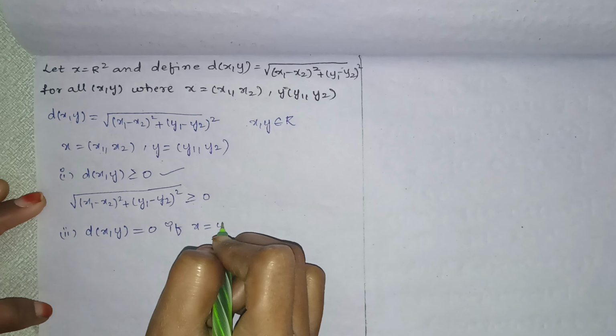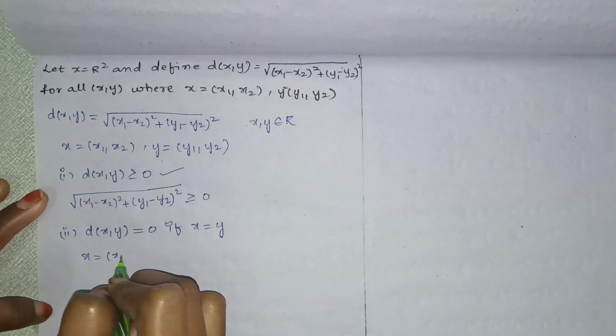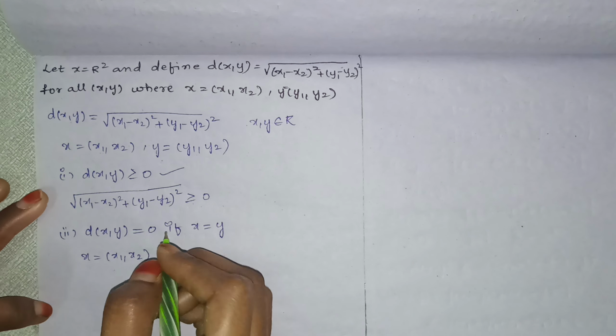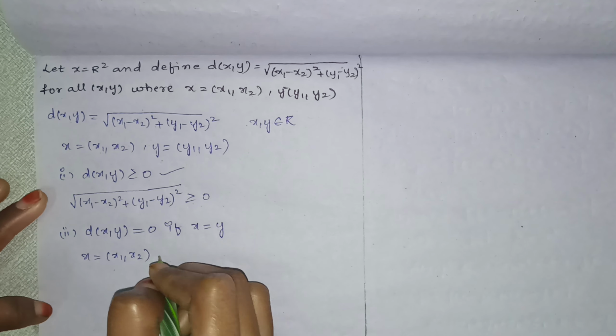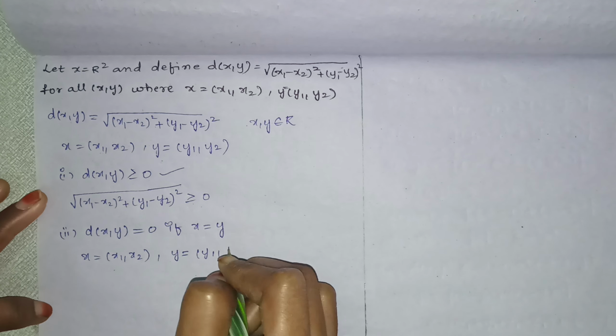And the second, which is the null property: d of x comma y equals 0 if x equals y. We have x equals (x1, x2), therefore y equals (y1, y2).